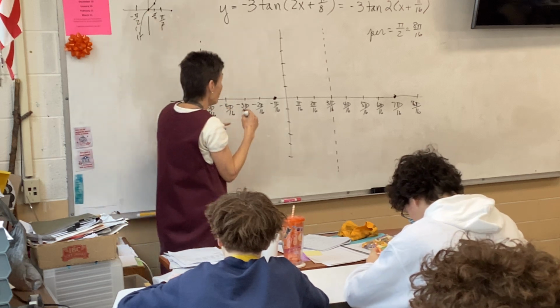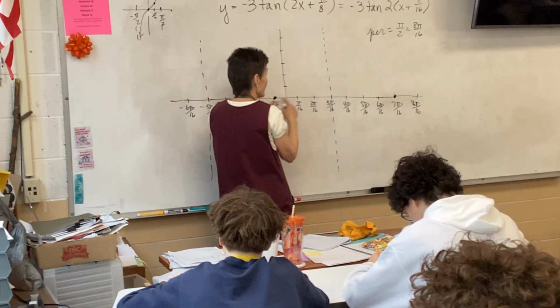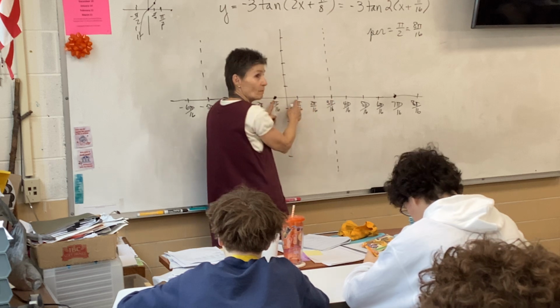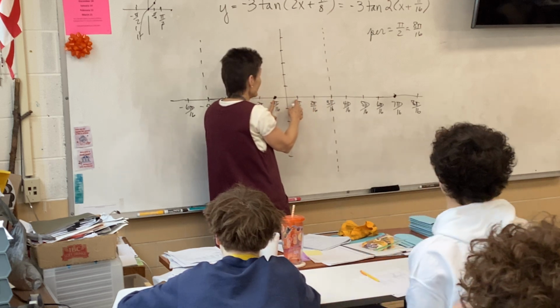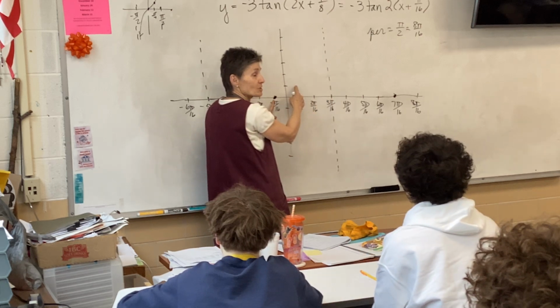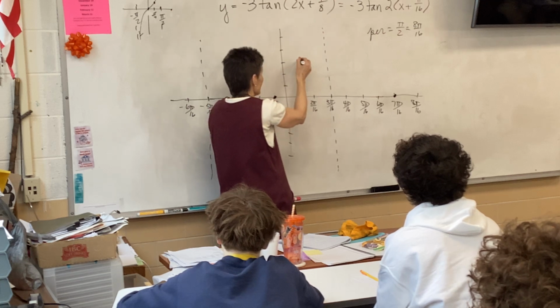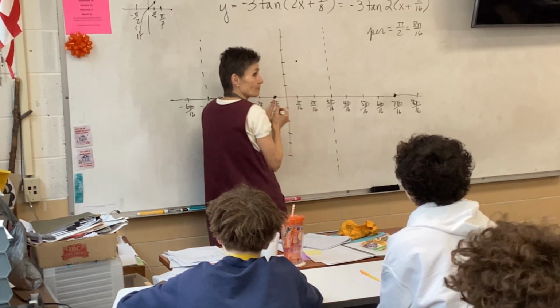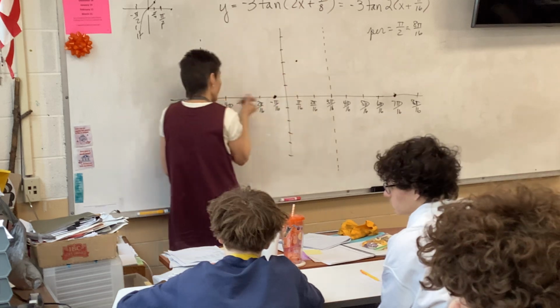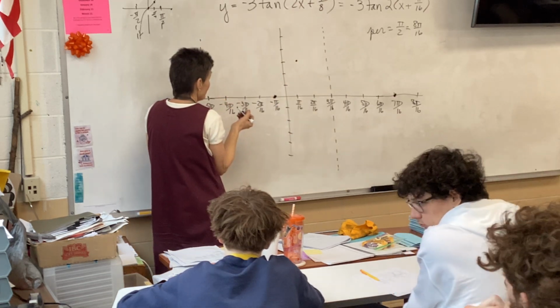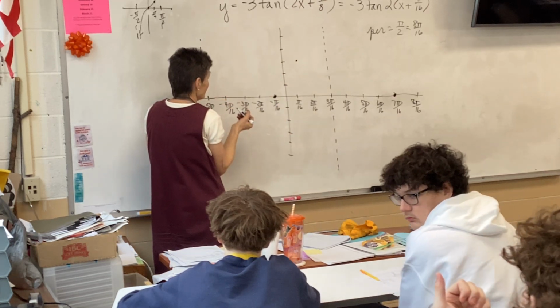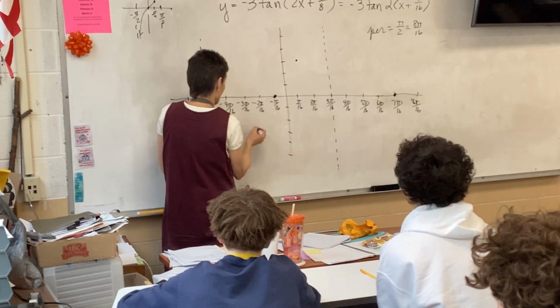Well, now, halfway in between the dot and the asymptote, which would be right here, the dot isn't going to be up 1, the dot is going to be up 3. And going the other way, instead of being down 1, it's going to be down 3.